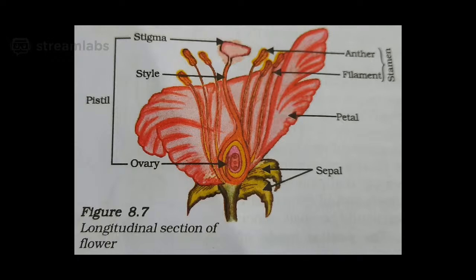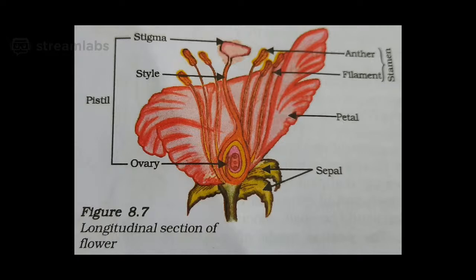The anther comprises a yellow dusty powder called pollen. These pollen grains comprise male gametes.